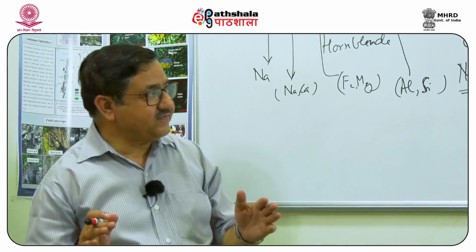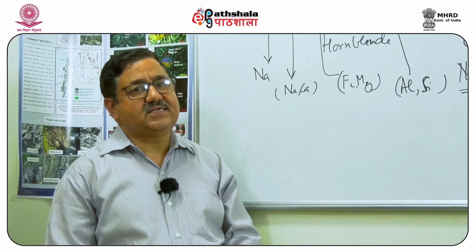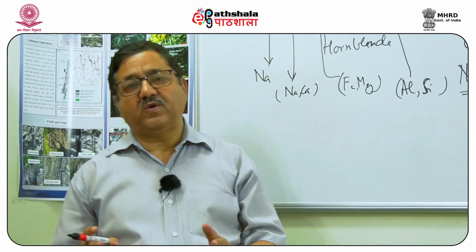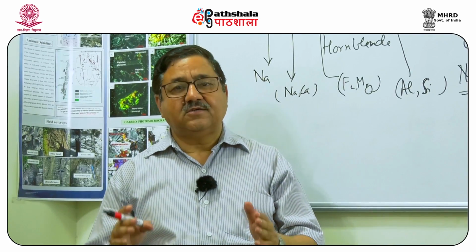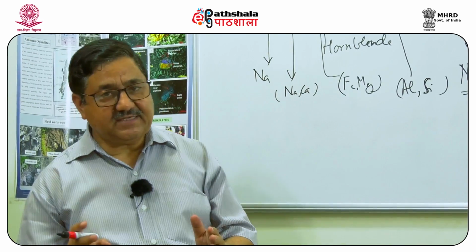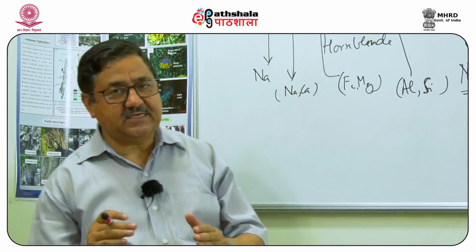So, after knowing the types of amphiboles, we will now start looking at its structure. As I mentioned, the structure of amphibole is similar in terms of basic chain silicates. The difference is that it has double chain silicates, or two chain silicates.